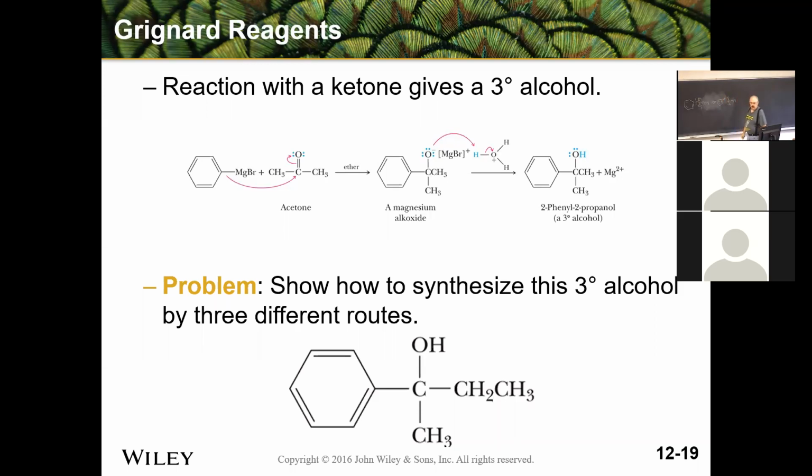Arbitrarily, I chose bromine. We could also do this with chlorine or iodine. The part with the oxygen, we take away the hydrogen, and we make this a double bond. So there's a Grignard, there's your ketone starting material.